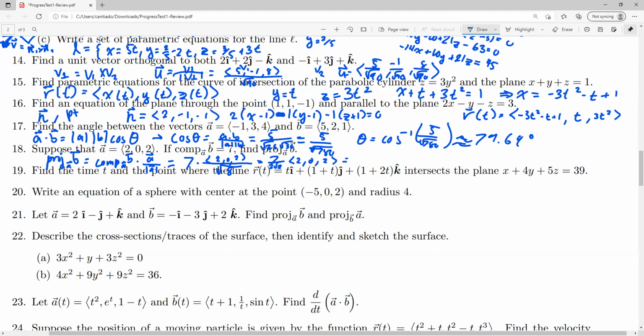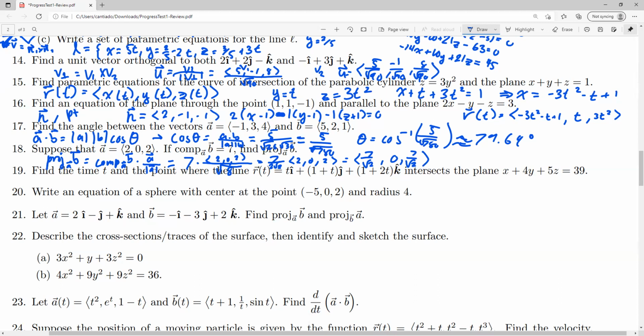If we multiply everything in, 7 times 2 is 14, and then 14 divided by 2 is 7. So that's 7 over root 2, then 0, and the same thing, 7 over root 2. And that's your answer. This takes advantage of the formula we had earlier: component of B onto A times a unit vector of A.